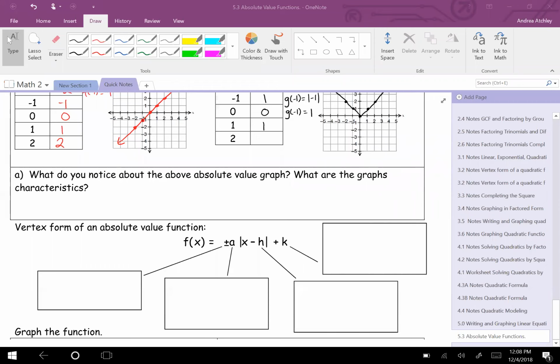Okay, Xavier, what did you notice? What's something you wrote? It's a V shape. Very good. There will always be a V shape. Anyone else get something different?